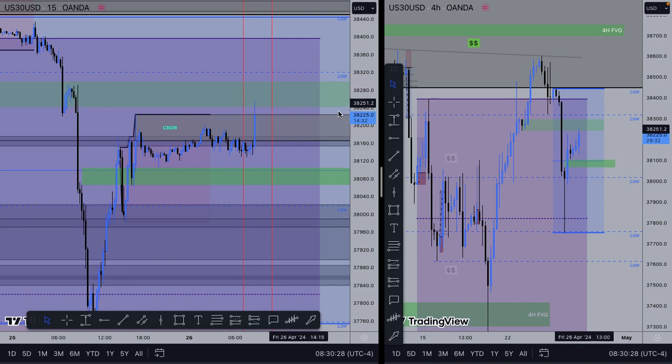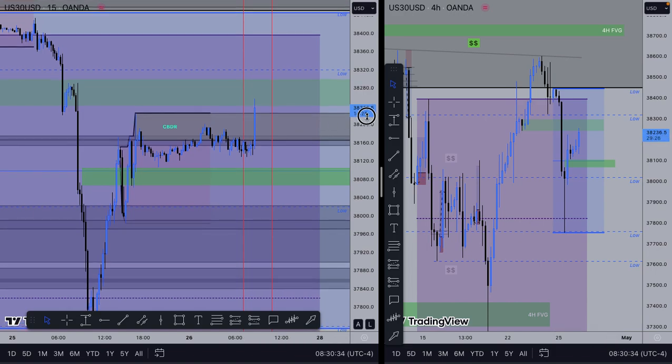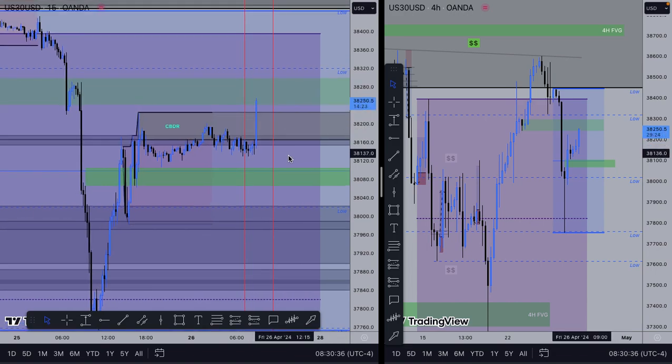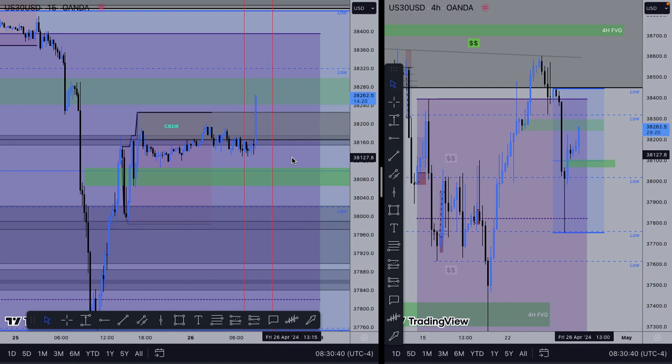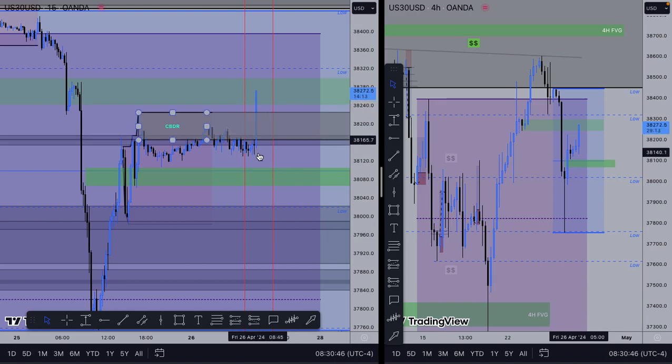We touch that zone, right? Very nice. Okay. So she's showing her hand. What I want to see is this candle close strongly above this area, and then we get in on a retest of this area with our stops below this area here.